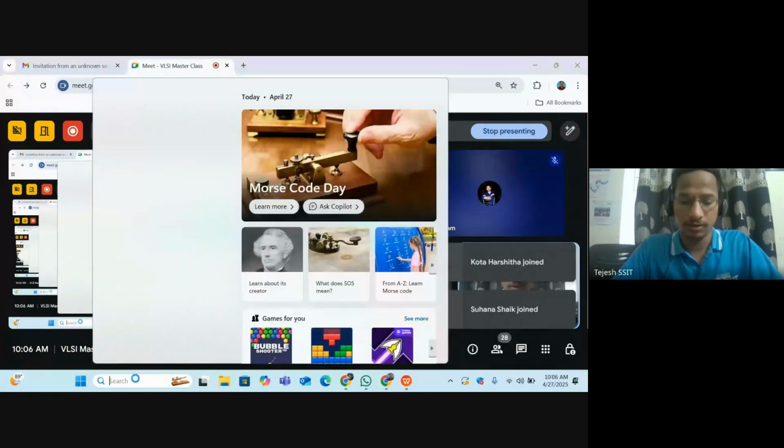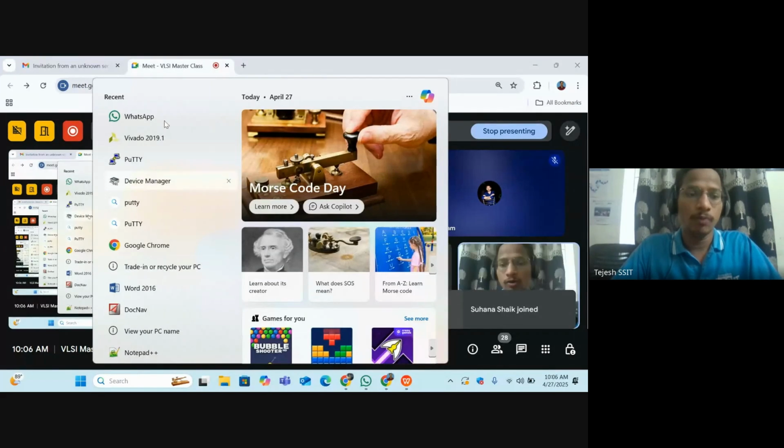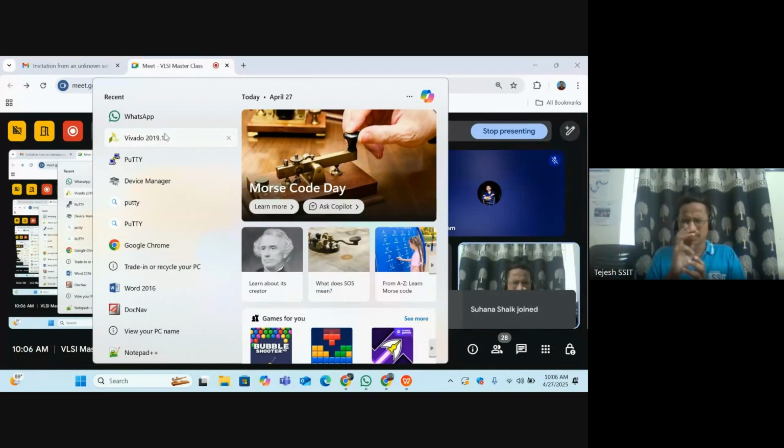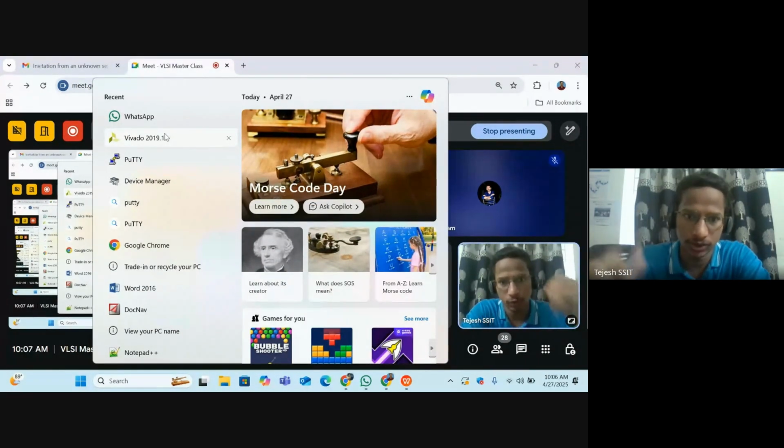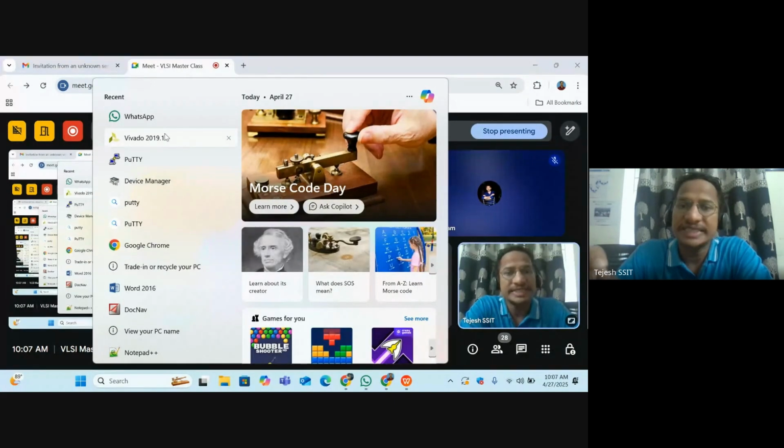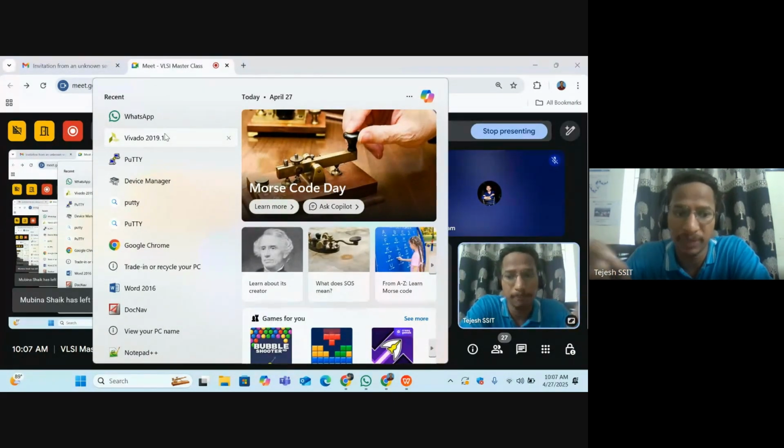This is a demo process. I will show a very small program and how we can dump that. This is a very, very important process: how we can set the bitstream, how we can see the synthesis, and how we can set the pins.